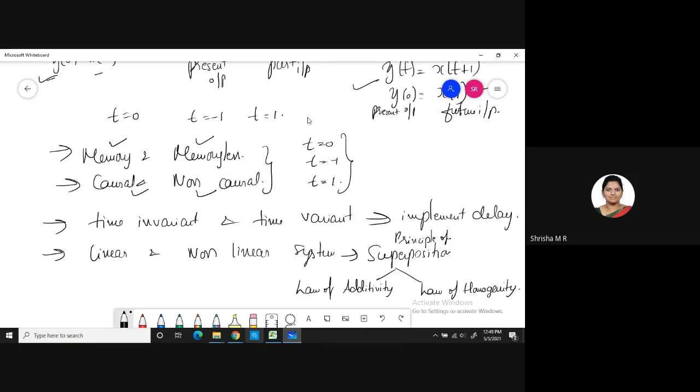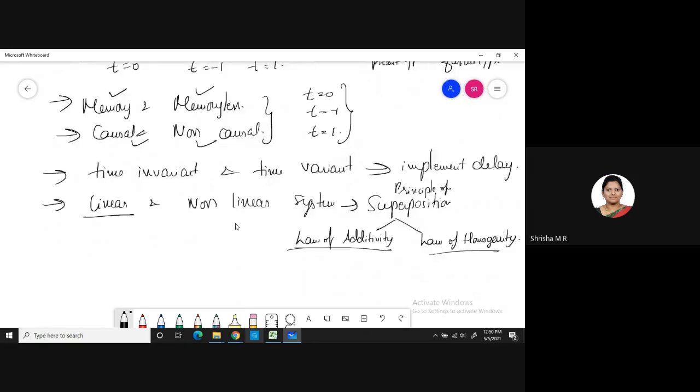If the system clears the law of additivity and law of homogeneity, then the system will be a linear system, else it will be a non-linear system. If the system or the equation satisfies the principle of superposition, that is law of additivity and law of homogeneity, then you can categorize those systems as linear systems. If not, they will be non-linear systems. Okay, we'll discuss in detail about these.